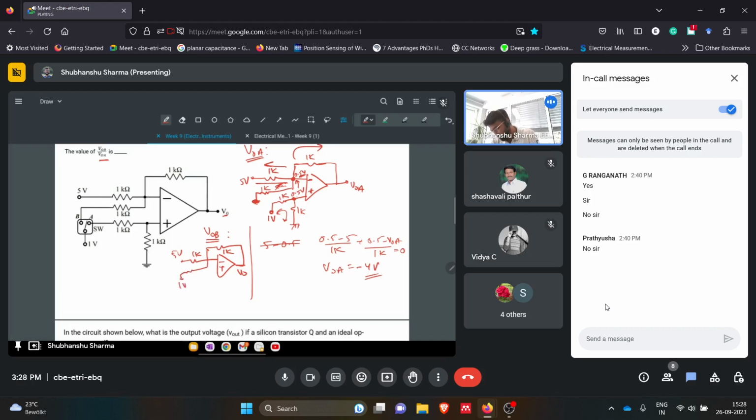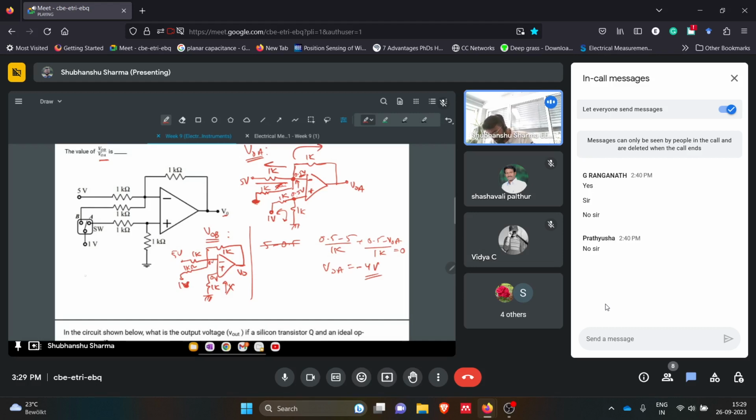Now this is 1 volt, and this is 1 kilo ohm, and this A branch will not be there, so I'm not drawing it. This is the configuration. Again simple: this is 0 volts, because no current will flow in the input of the non-inverting terminal of this op amp. So no current here, this is 0 volts, so this will also be 0 volts.